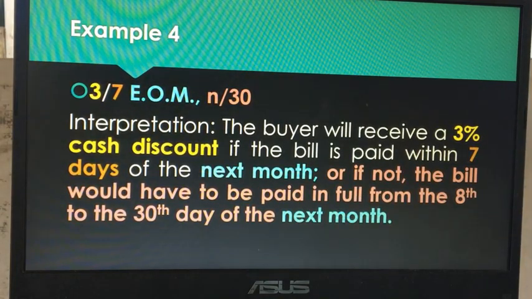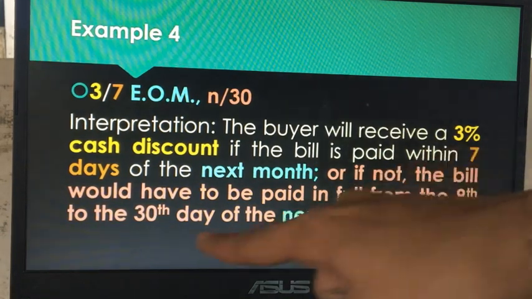As I told you earlier, when we say n, it doesn't refer to a discount, meaning zero discount. If you fail to pay that one in the first 7 days of the next month, you are going to pay the full amount from the 8th to the 30th day.